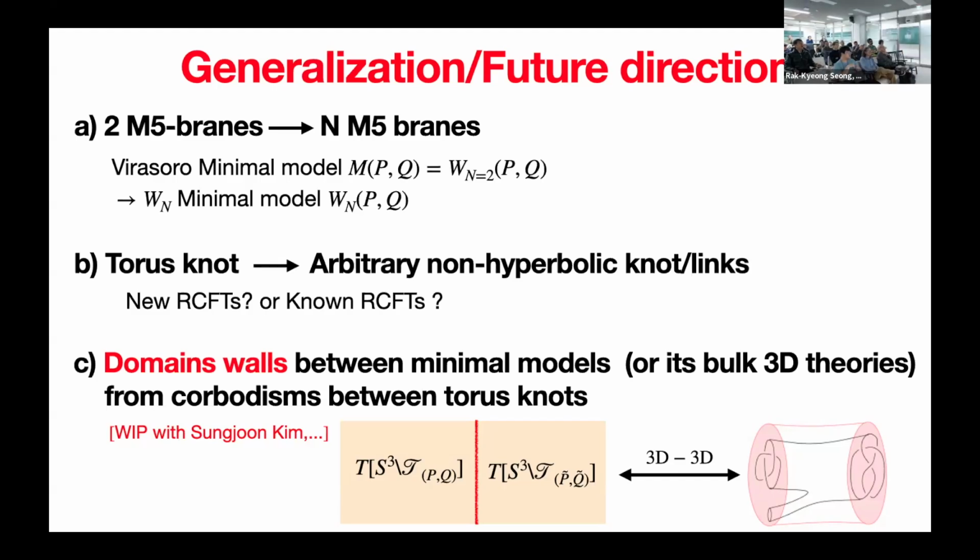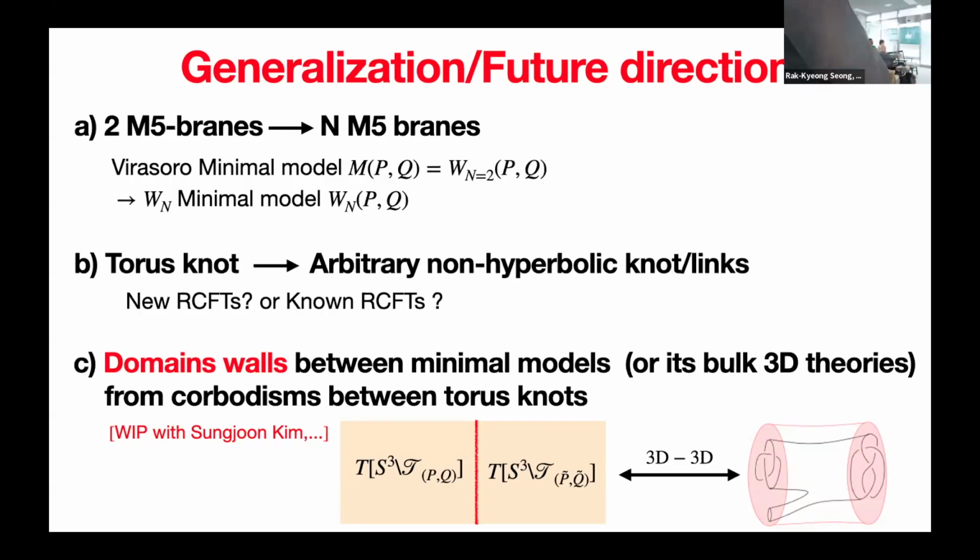Another interesting direction I'm considering these days is that we can also consider domain walls between the minimal models in 2D, or also its bulk dual, which is a domain wall between the rank 0 SCFTs or some topological field theories.